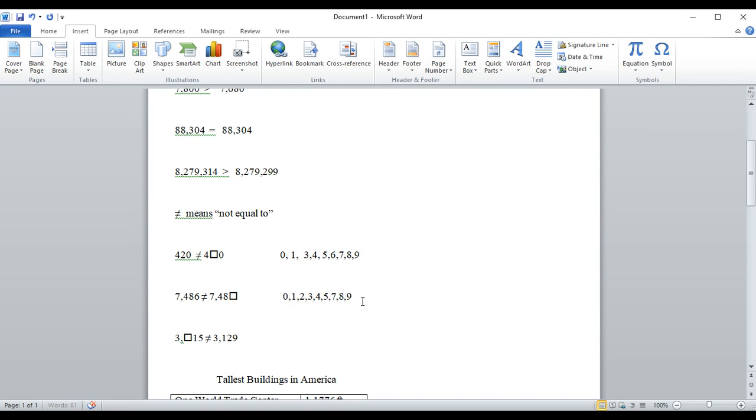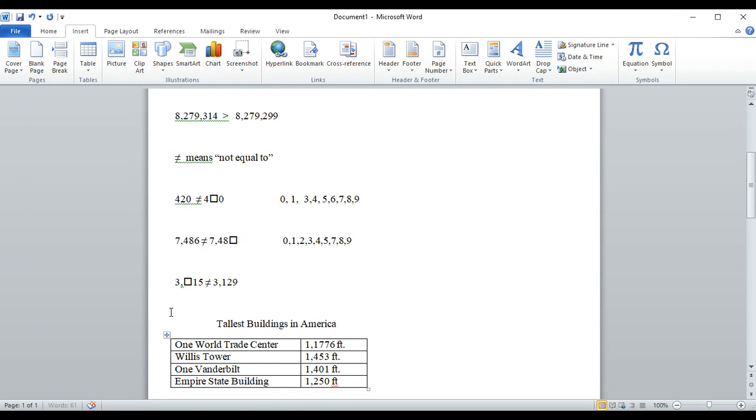So the next one we're going to look at, 3,000 something 15, is not equal to 3,129.